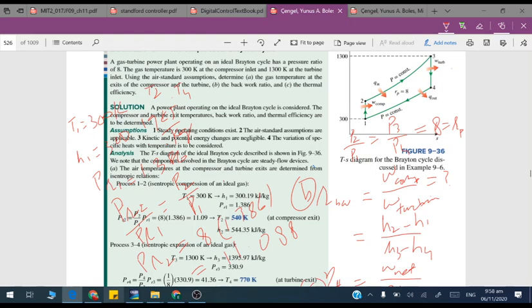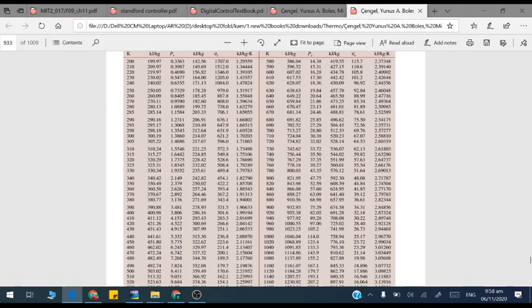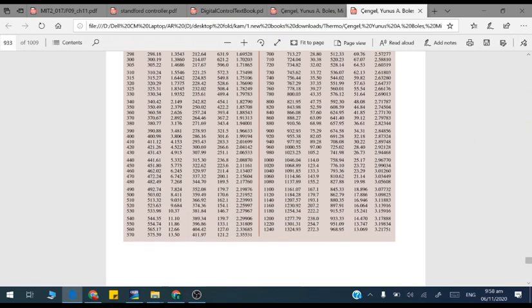11.088. So again we should look at the table for this pressure. Here, if you look at this, approximately 11.1, so 11.1 relative pressure lies at temperature 540.